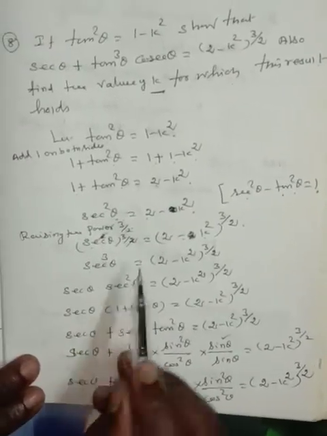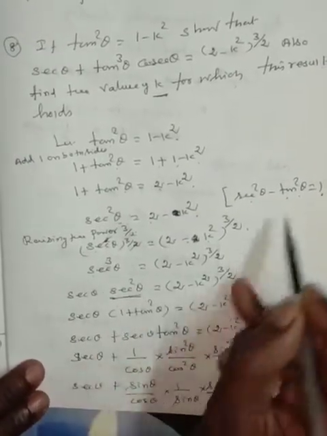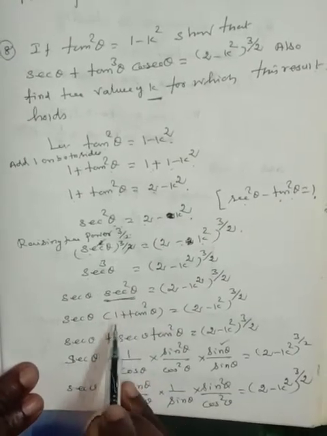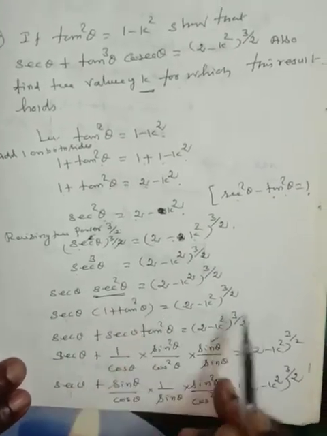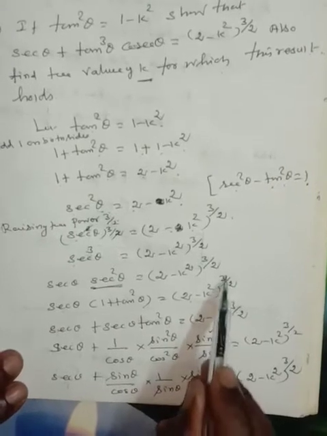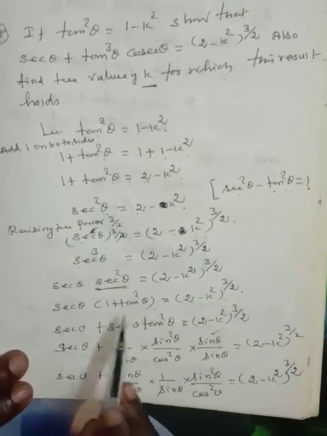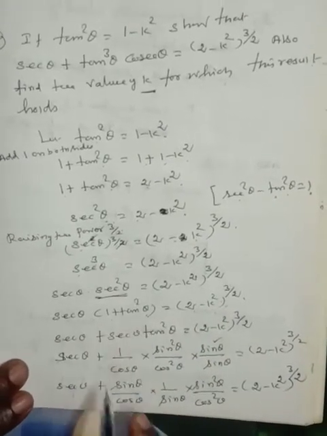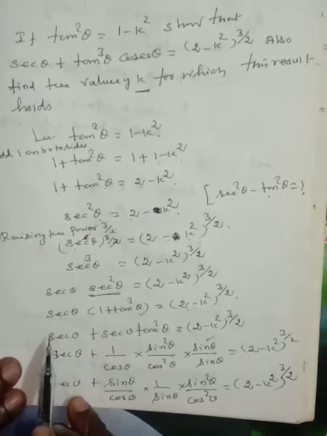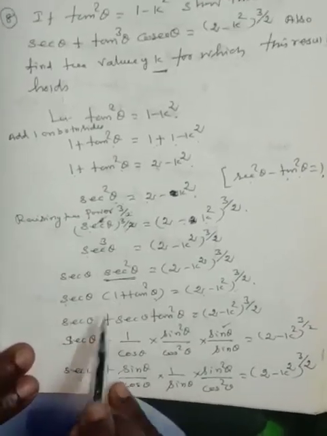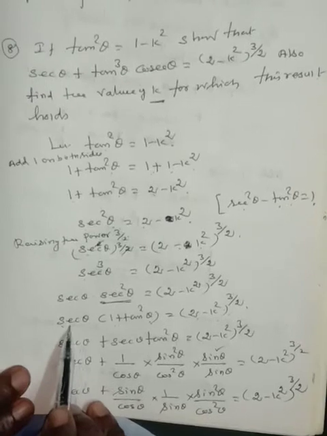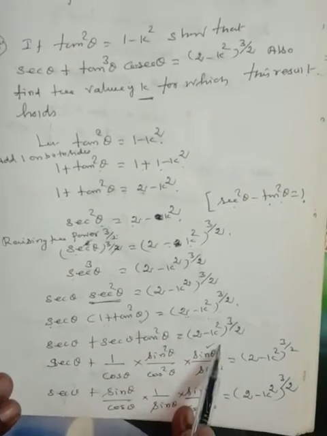Now secant theta into secant square theta, using the identity secant square theta is 1 plus tan square theta, is equal to 2 minus k square whole to the power of 3 by 2. Now 1 plus tan square theta multiplied by secant theta, we get secant theta into 1 is secant theta, plus secant theta into tan square theta, is equal to the right hand side.